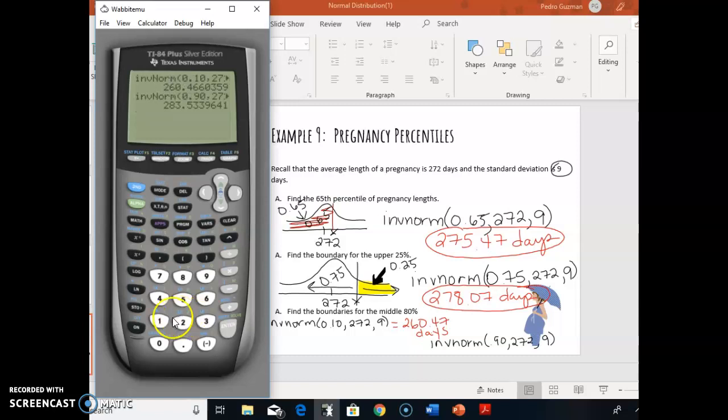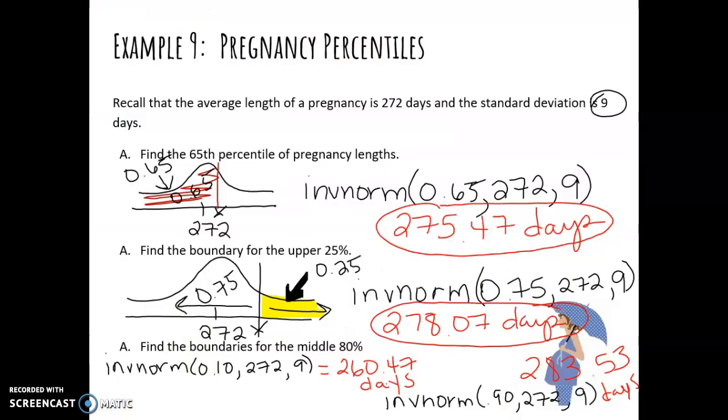And we would get 283.53 days. So the boundaries for the middle 80% of pregnancy lengths are between 260.47 and 283.53. So those are the numbers that bound that middle 80%. The middle 80% are between those two numbers. Okay, so that is all for normal distribution. If you have questions, as always, let me know.